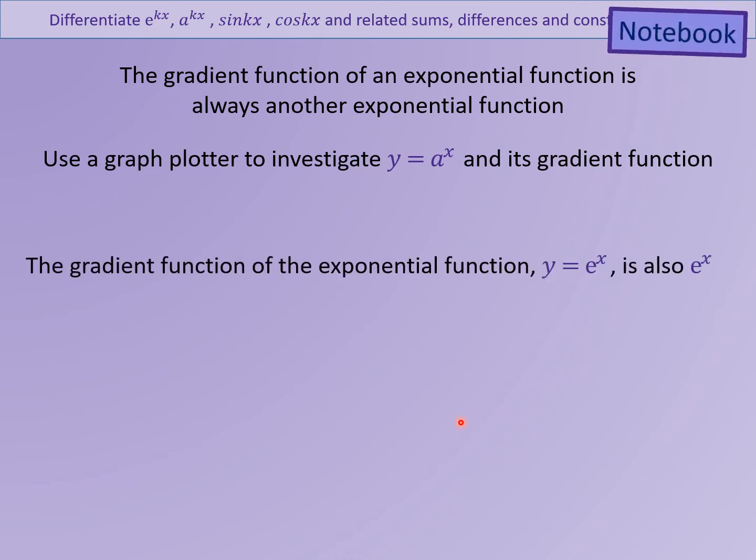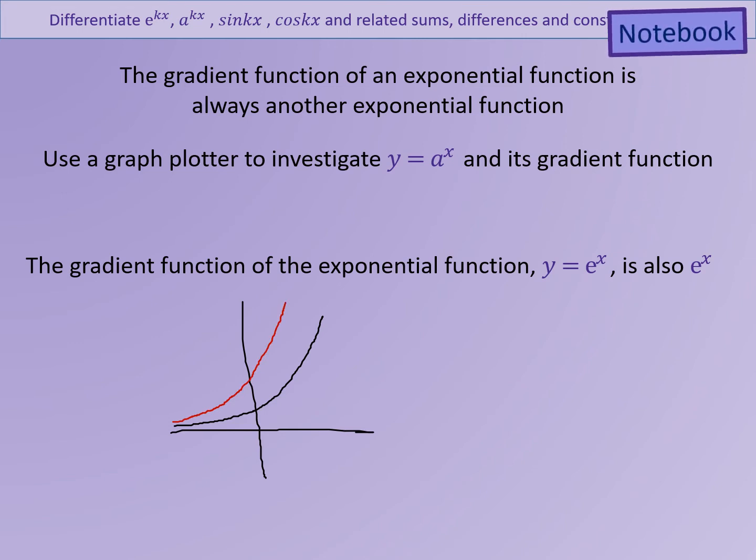So we notice that when we look at different values of y equals a to the x, sometimes the exponential function goes above it. So we might have a situation where if this was our exponential function, like that, sometimes the gradient function goes above it, and sometimes the gradient function goes below it.